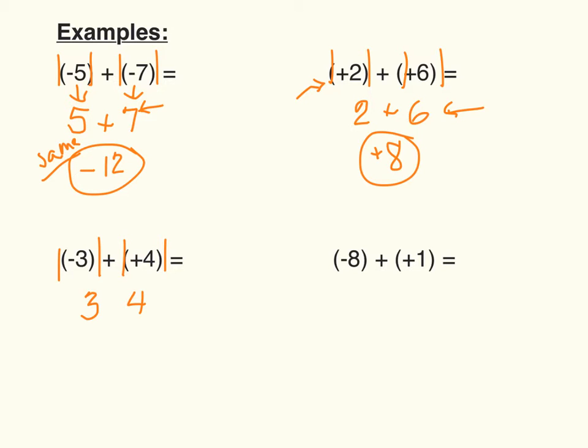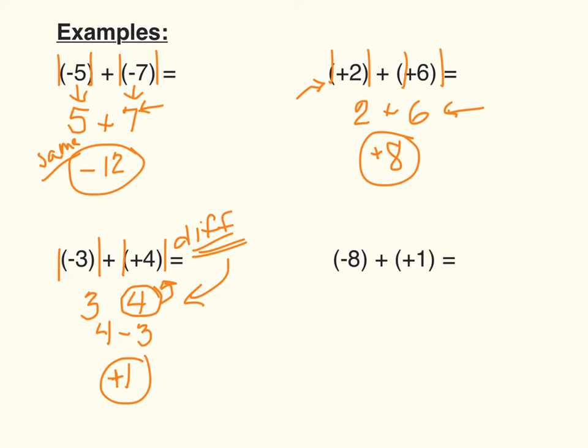If the signs are different, find the difference. The signs are different, so I'm going to be finding the difference. The difference means I'm going to be subtracting. So to make this look correct, I'll do 4 minus 3. The difference is 1. And then I look at my two absolute values. This one has the larger absolute value, and that is positive. So my final answer is +1.